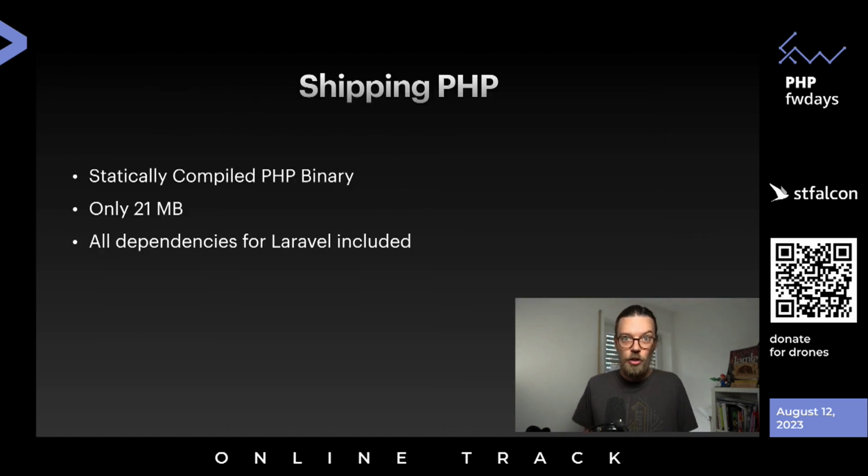Well, we just ship PHP along with our application. The way we do this with NativePHP is using a statically compiled PHP binary, at least for Linux and for macOS. This is just one single binary file that contains PHP and all of its dependencies, all of its extensions bundled into this one binary. The binary, as of right now, with all the extensions that we selected, is roughly 21 megabytes large, which isn't too bad, I think.